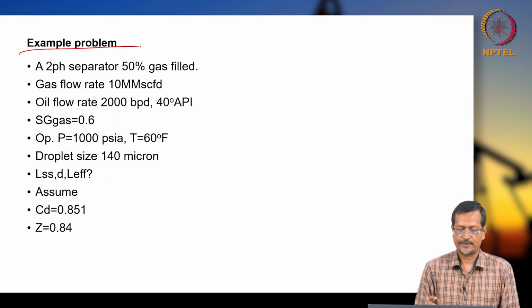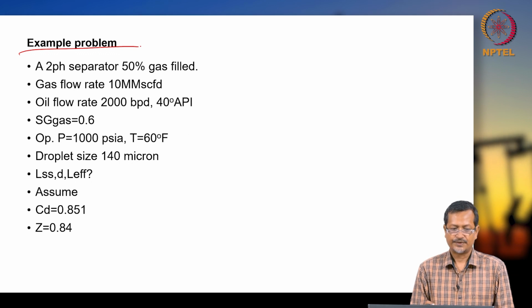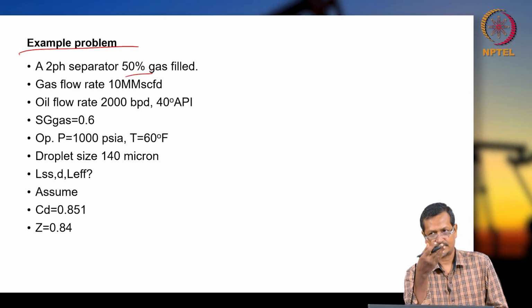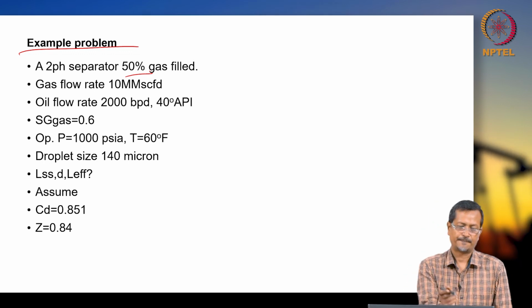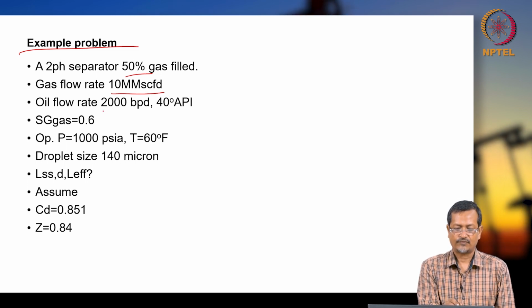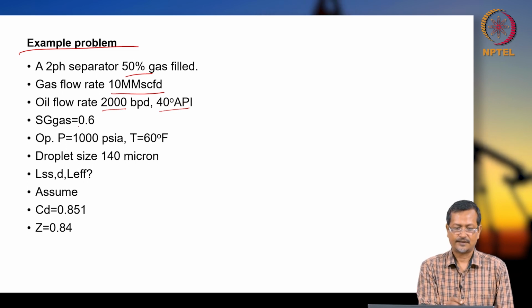This problem is actually given in your Arnold and Morris book. A two-phase separator is 50% gas filled, and this can be a different percentage also, but for simplicity I am using only 50%. Gas flow rate 10 mmSCFD, oil flow rate 2000 barrel per day, 40 degree API, so this means light oil.